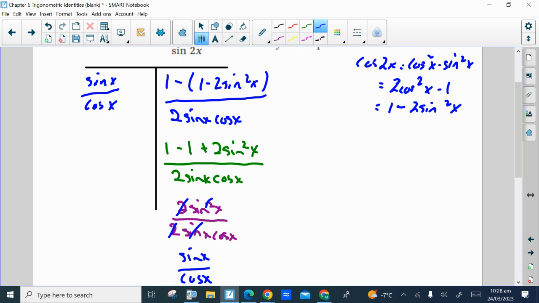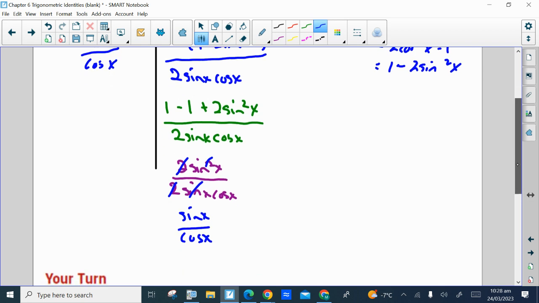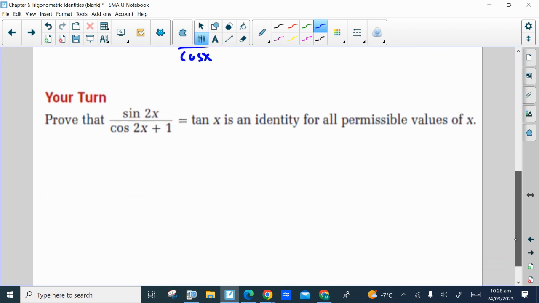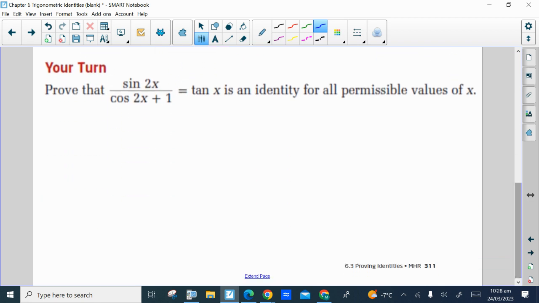If there's powers higher than 2, see if you can factor. Sometimes you're going to have terms that are added together. Get a common denominator to combine them. Okay? And then the last hint was sometimes you need to multiply by conjugates, and we'll see examples of that today, where conjugates will be used.